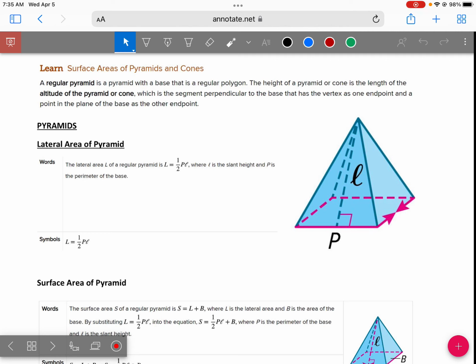Lateral area. So we're just going to be talking about finding the sides when we talk about lateral area.